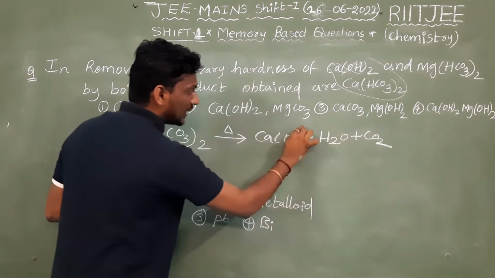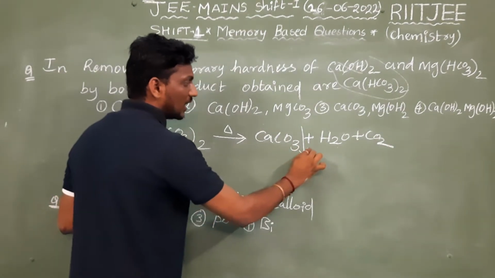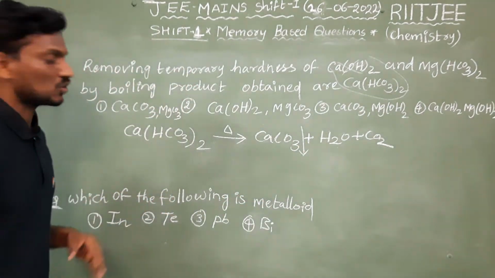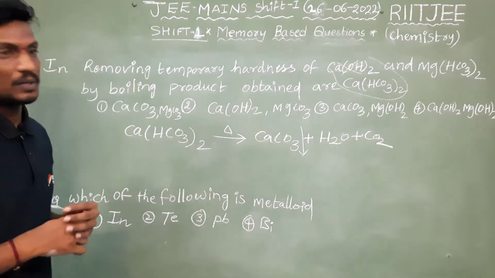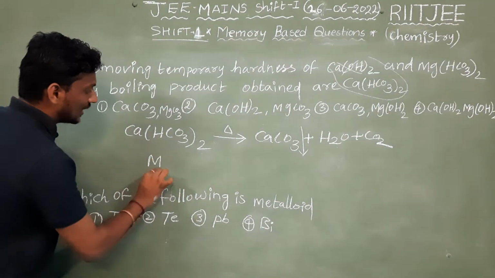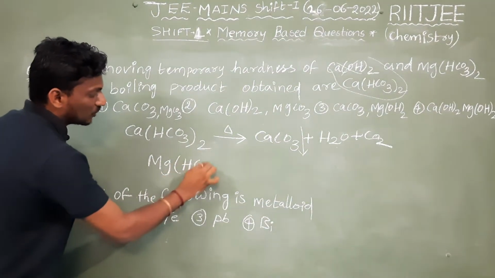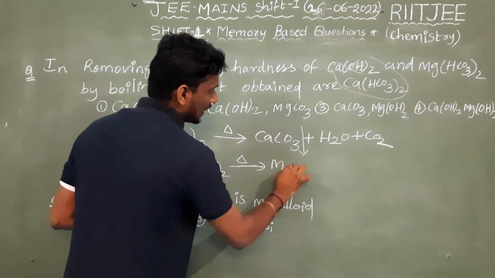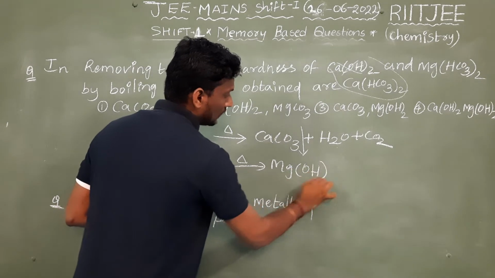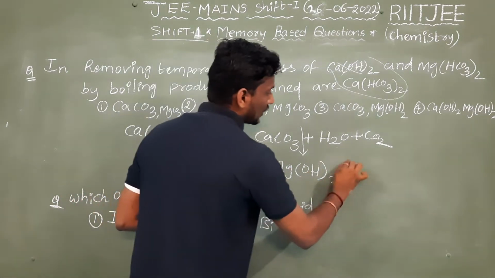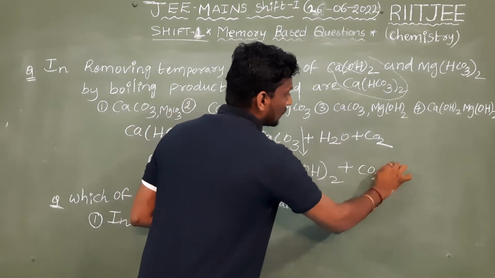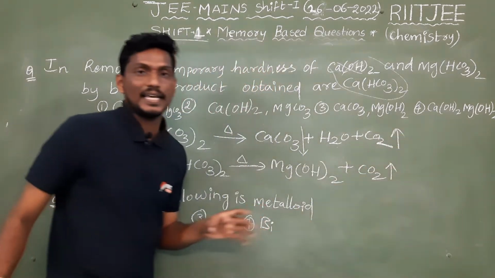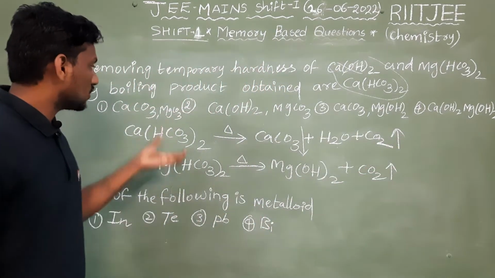There is a precipitate, calcium carbonate precipitate, you will get in the solution when you heat the calcium bicarbonate. Similarly, if you heat magnesium bicarbonate, you will get magnesium hydroxide along with carbon dioxide. This carbon dioxide is liberated in the form of gas.